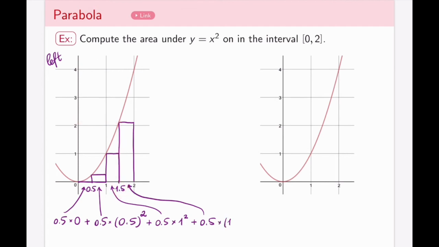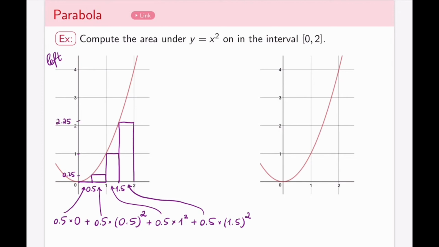So 1.5 squared. Of course I can calculate what these numbers actually are and also label the corresponding rectangles. So this is going to end up being 0.25, this one is going to be 1, and this one is going to be 2.25.